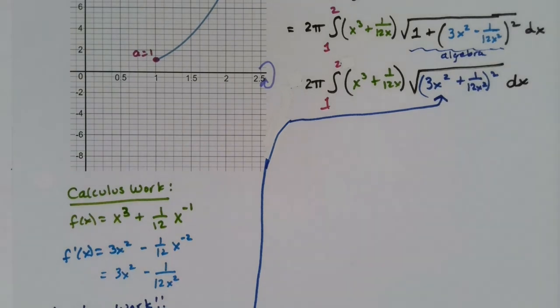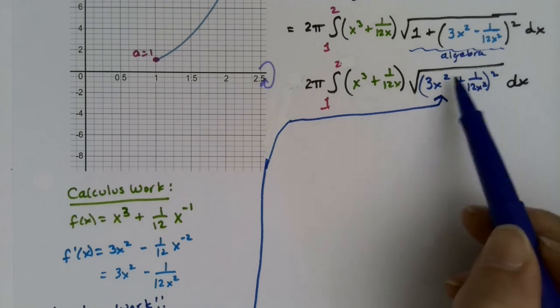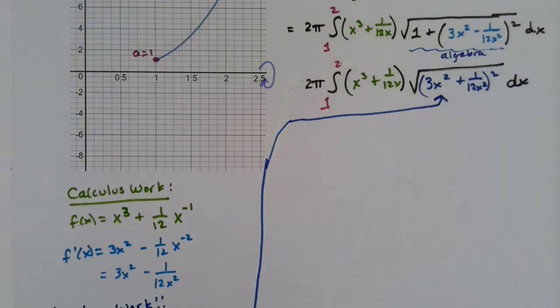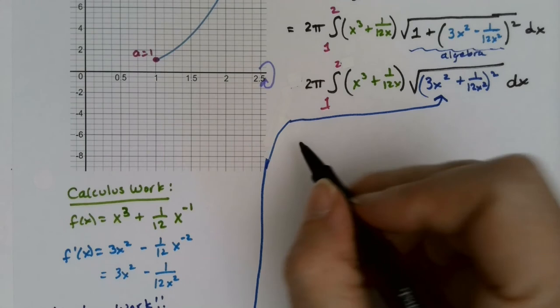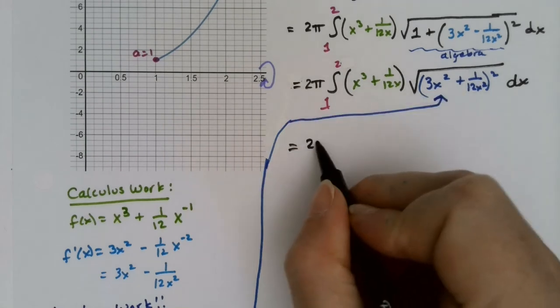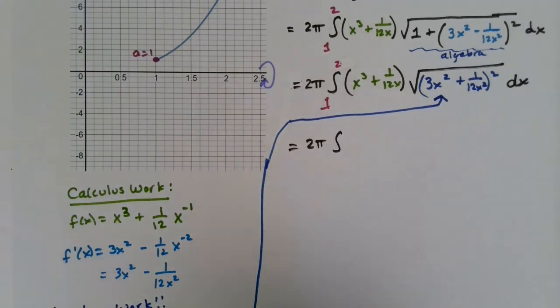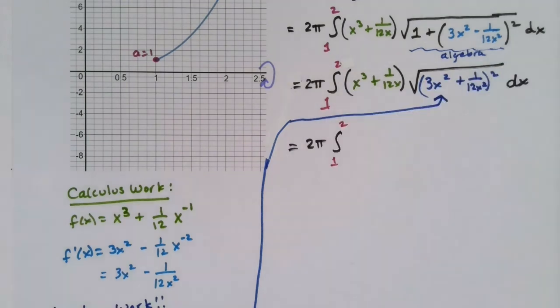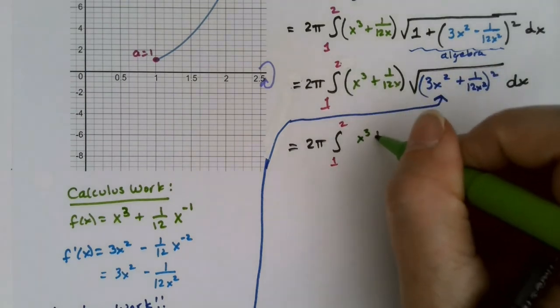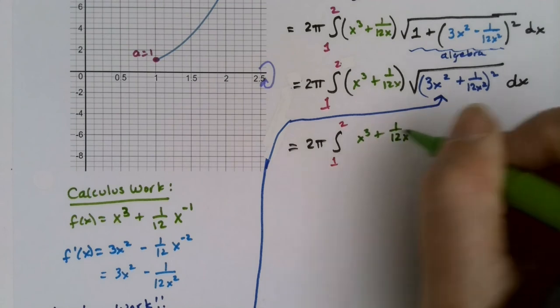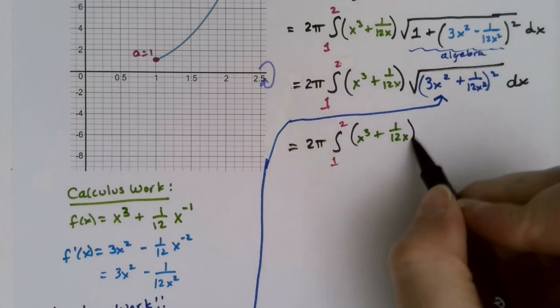Now, if you're thinking what I'm thinking, hopefully you are, that's a square root of a square. So that's going to go away. So it's going to leave me, the surface area is equal to 2 pi integral from 1 to 2 x cubed plus 1 over 12x, like that.